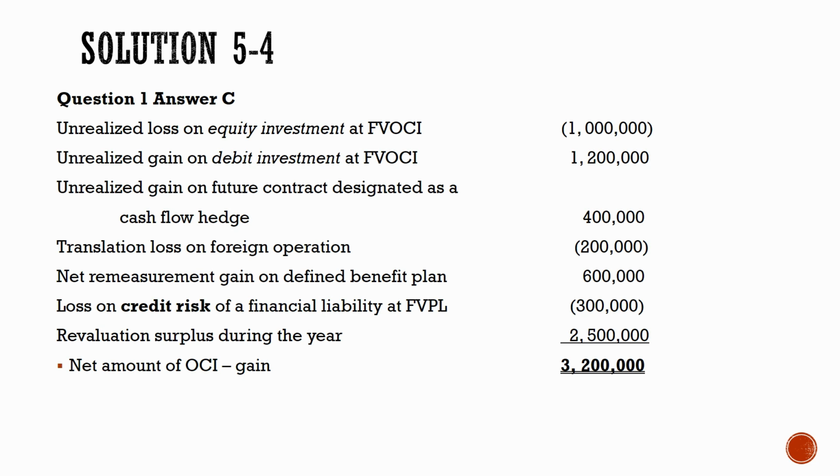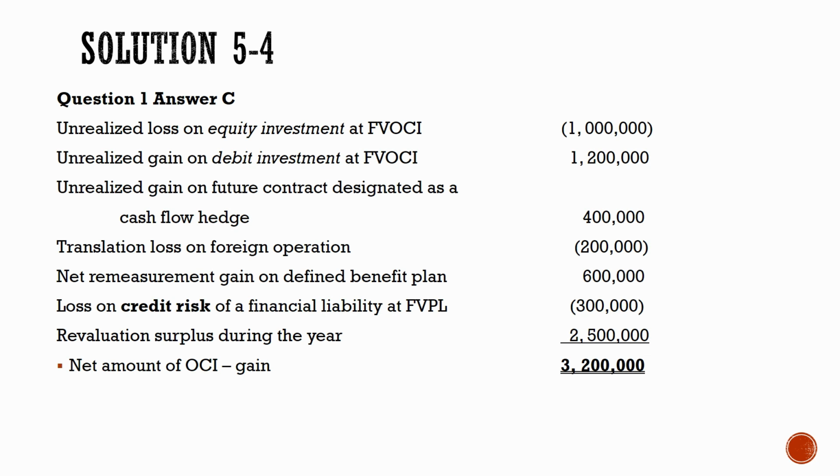Then, yung revaluation surplus nila during the year, yung unrealized gain or loss nila mula sa derivative contracts not designated as cash flow hedge. Yung next is yung remeasurement nila ng defined benefit plan. At ang panghuli ay yung pagbabago sa fair value na may kinalaman sa credit risk ng financial liability designated at fair value, profit or loss.